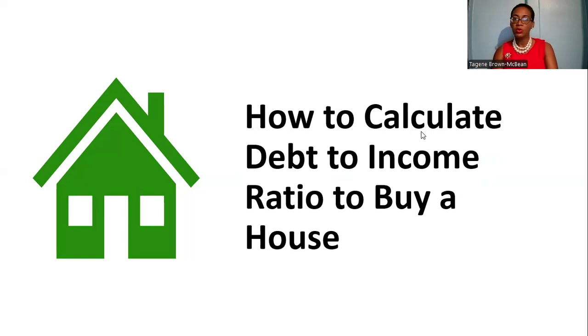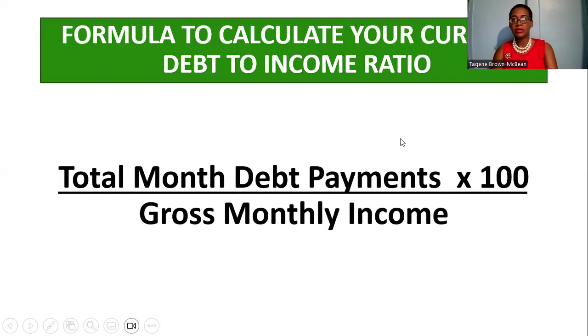So how to calculate debt to income ratio to buy a house. All right, so the formula for a debt to income ratio calculation is your total monthly debt payments times 100 divided by your gross monthly income. So some of you might be saying, what is a debt to income ratio?